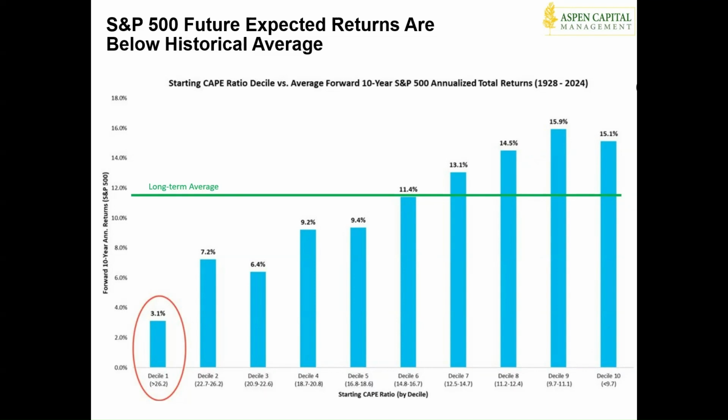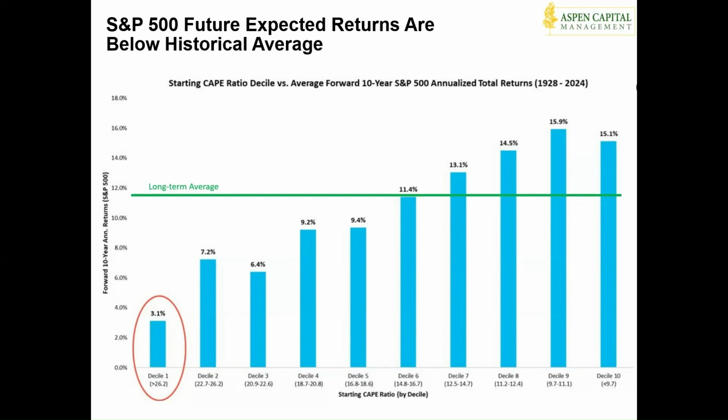And what the blue bars represent is the subsequent, or the next, 10-year returns for the S&P 500 when its starting valuation point was in each of these deciles. So we've also graphed the green horizontal line across the middle there that really shows you the long-term average return of the S&P 500.